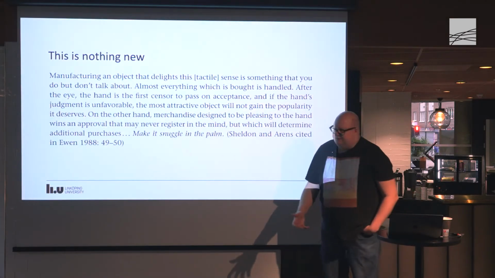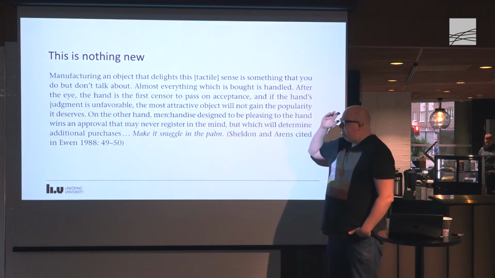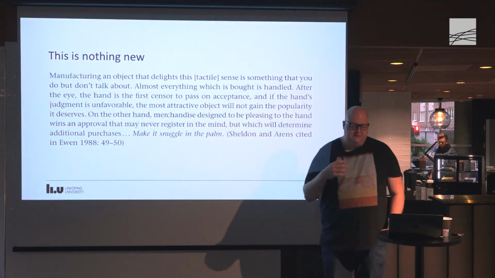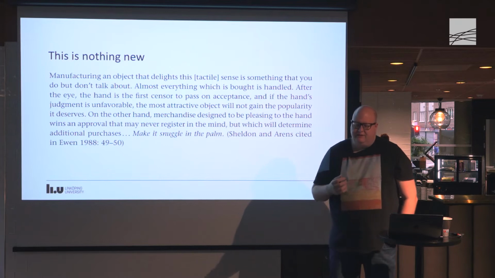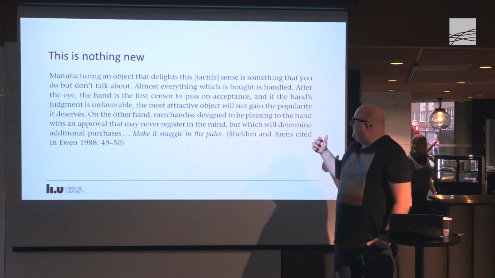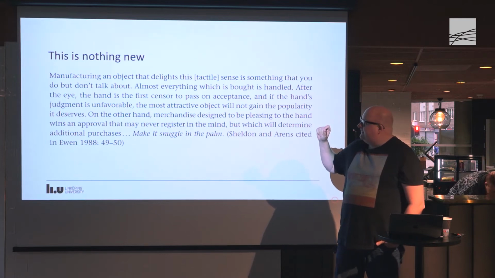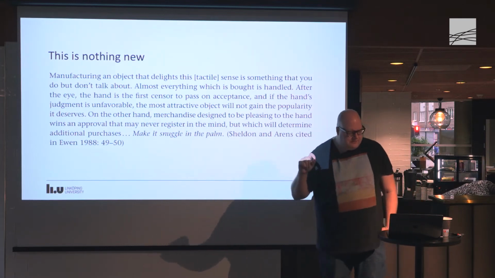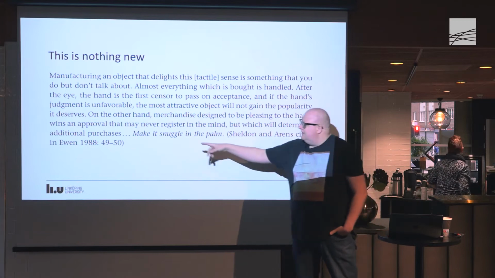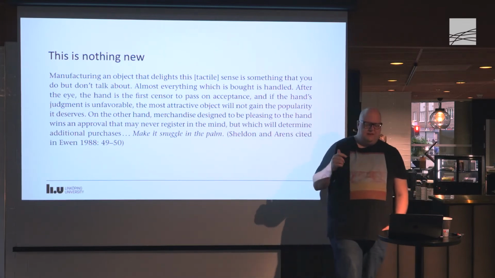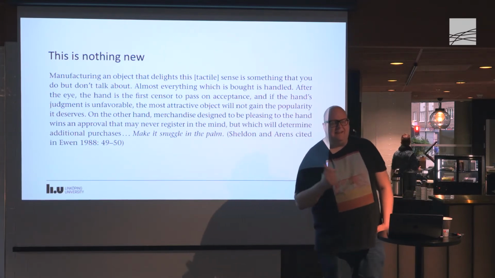But this is also nothing new. How materials are felt and how they are actually used in products. This is, let's see so I say it correctly, I think this was written, it's cited in a publication from '88, but I think Sheldon and Ahrens wrote this in 1932.